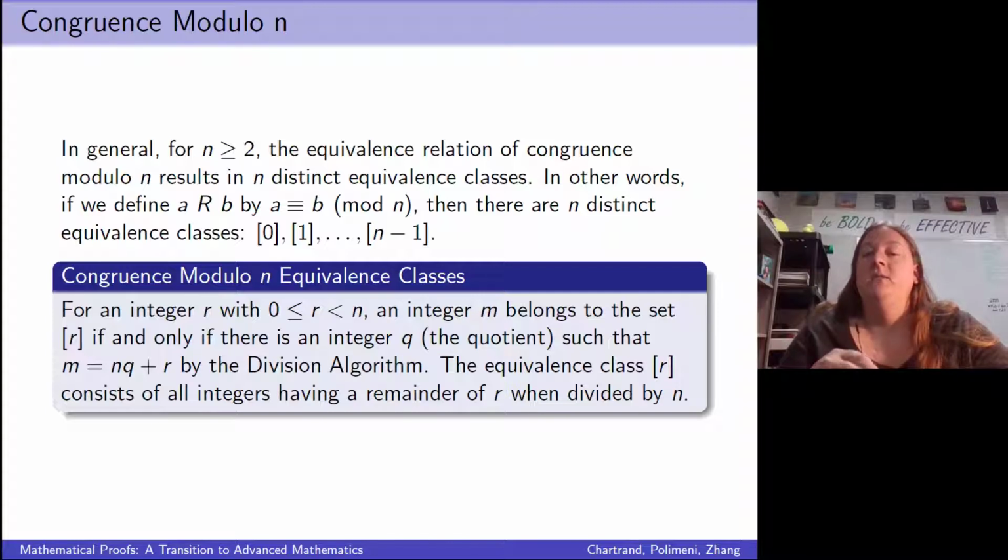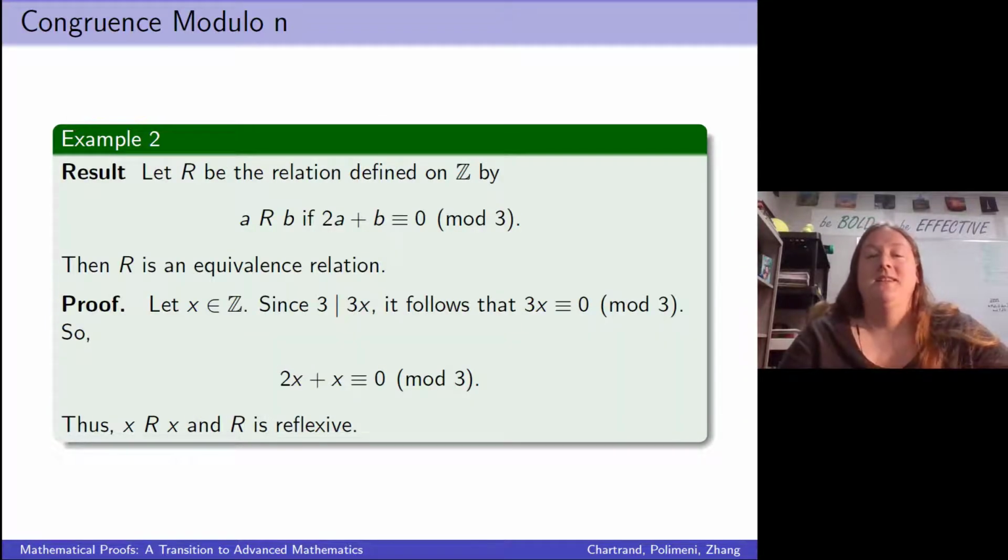An integer m is going to belong to the set that is the equivalence class of r if and only if there is an integer q, namely the quotient, such that m equals n times q plus r by the division algorithm. The equivalence class of r consists of all the integers that have the remainder r when we divide by n. So let's take a look at an example.